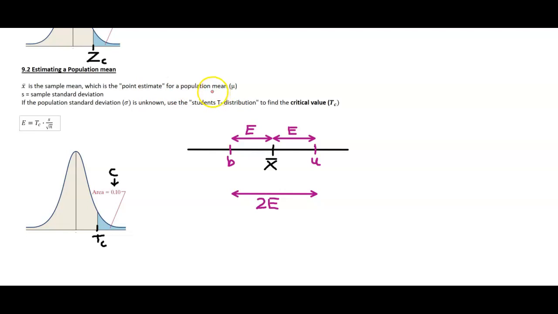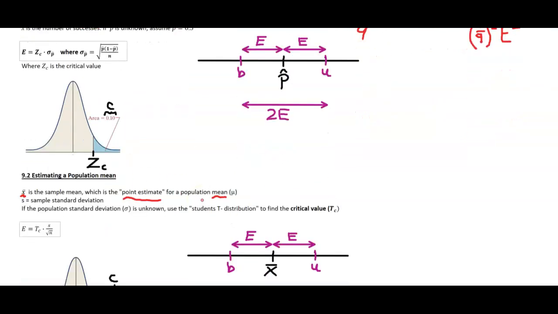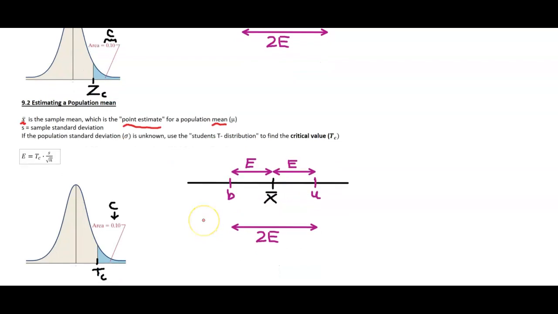When we're talking about a population mean, our point estimate is X bar, whereas if we're talking about a population proportion, our point estimate is p hat. Similarly, our critical value for a population proportion is z, and our critical value when we're dealing with the student's t distribution is t.